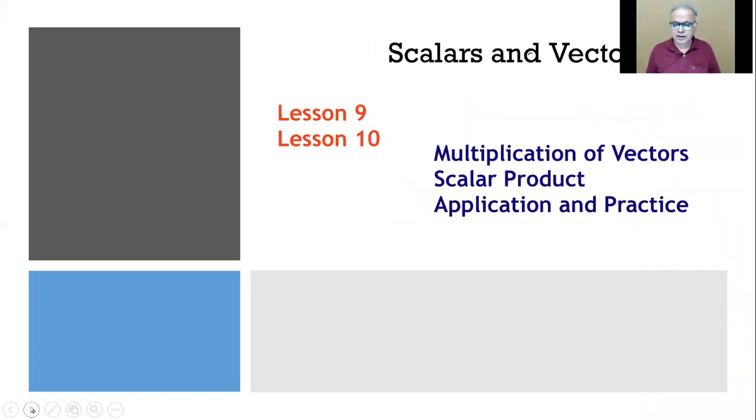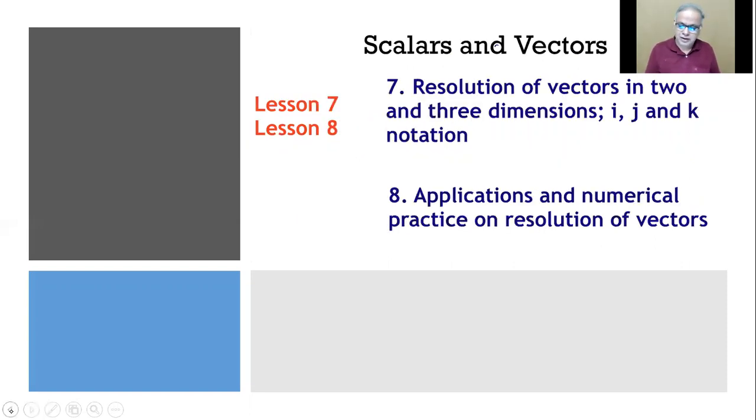Yes, for every heading there are applications and numerical practice, and resolution of vectors will be included here, lesson 7 and 8. It can be over in one lesson or you may take a second lesson also, depending on your feedback.